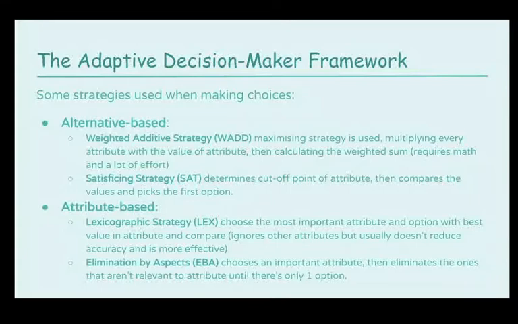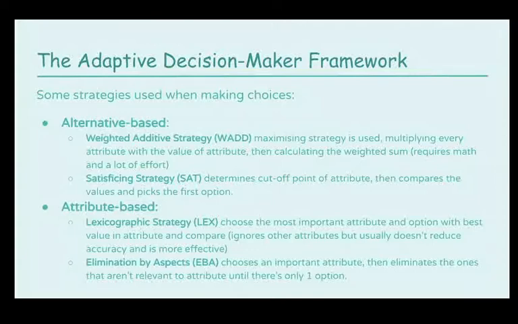And then you take these 2 and simply compare both of them and choose one. So this can be very ignorant to other attributes, but in reality, people often do this, and it usually doesn't reduce the accuracy. In fact, it's a lot more efficient because you're just comparing 2 things after picking them from lots of things.